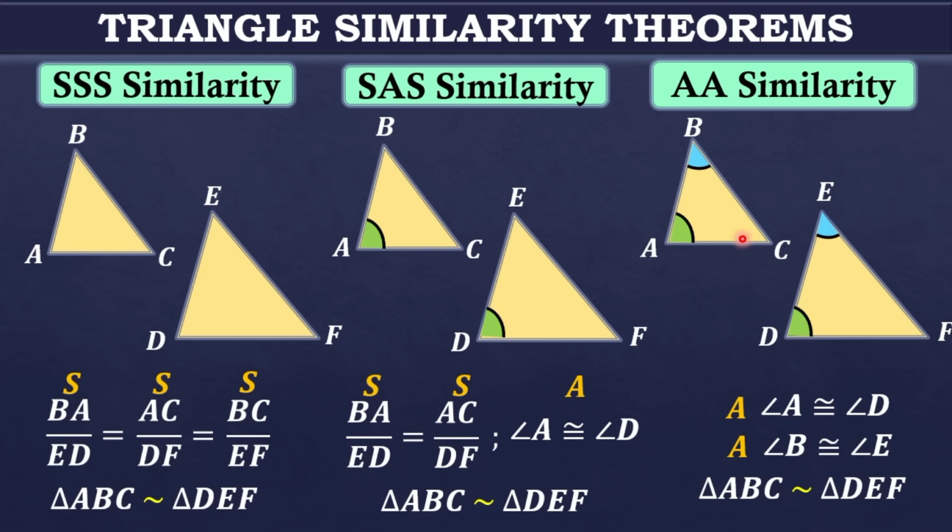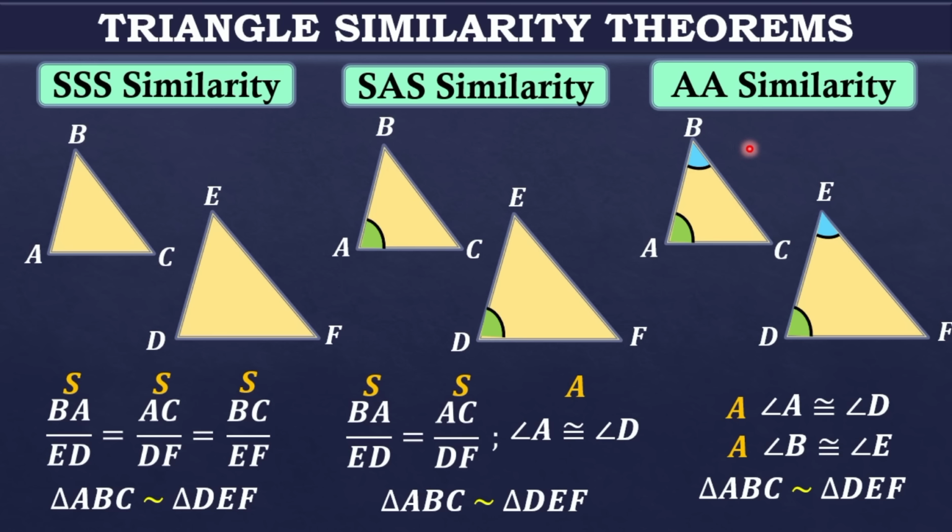So, kahit hindi po to given, once na given na yung dalawang angles ay congruent dito, at ito, kahit hindi na po natin kunin ito, automatic po, they are also congruent. So, we have the three triangle similarity theorems, the SSS similarity, SAS similarity, and AA similarity.